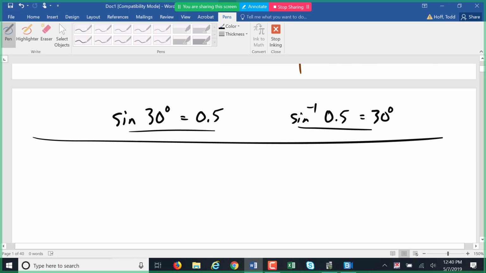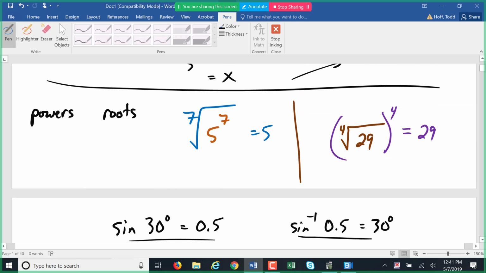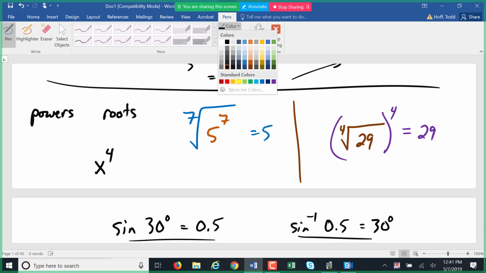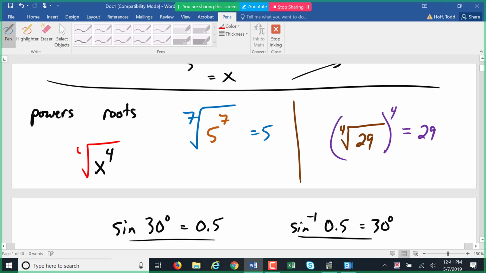Well, yesterday we talked about exponentials. And the difference between exponentials and an exponent is typically x to the power of a number, x to the power of 4. We could reverse that by simply doing the appropriate root, the fourth root. Reverses the power of 4.